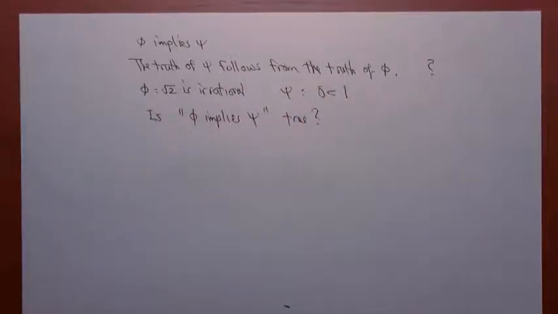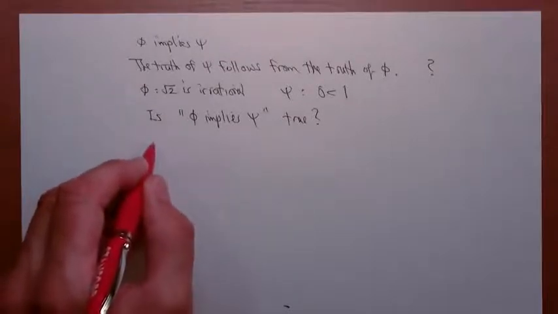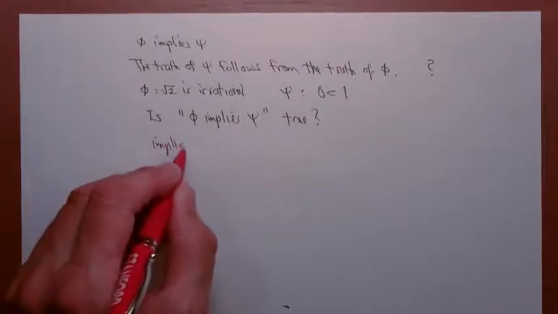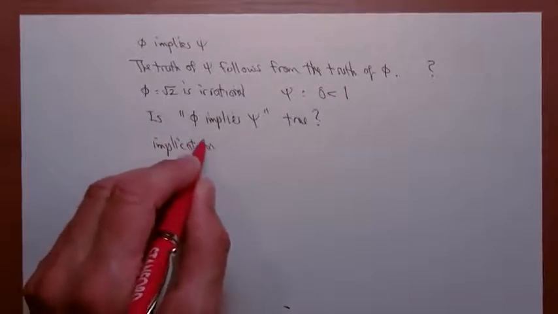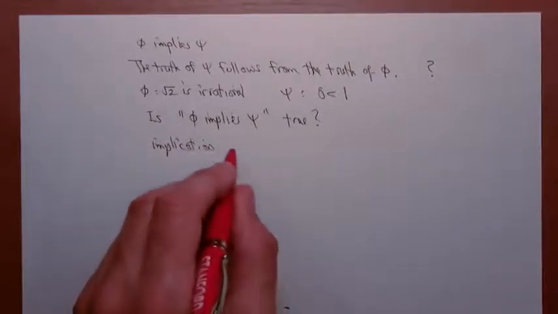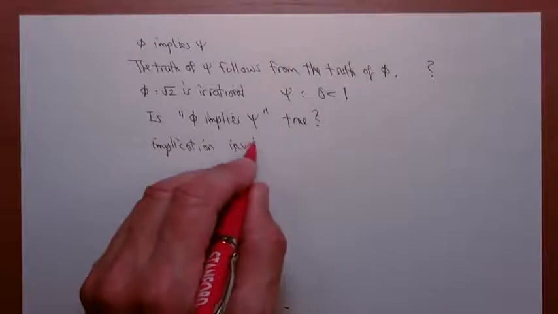And now we realise there's a complexity with implication that we didn't meet before when we were dealing with and, with or, and with not. And the complexity is that implication involves causality.